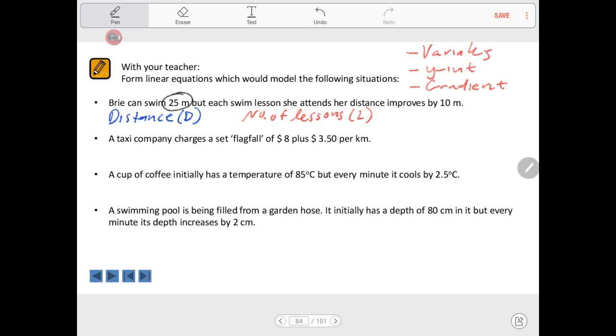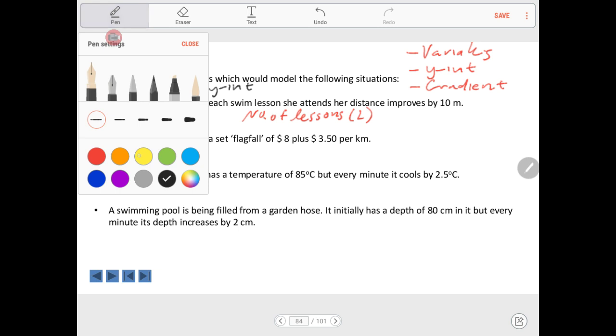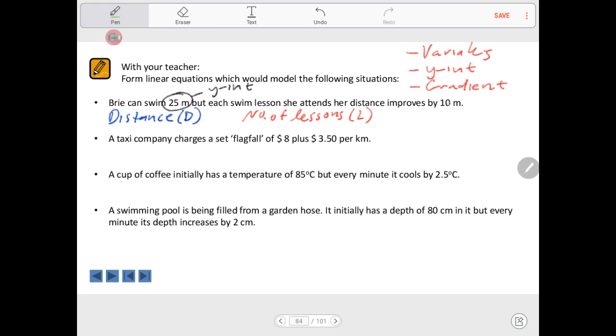But her original swim distance, her starting amount, that's fixed, and that's going to be built upon. So that's going to be the y-intercept. That's the fixed value that won't change. Now, each lesson, Bree's distance improves by 10 metres, so that is our gradient, because every lesson, you multiply the number of lessons by 10, and that's the extra distance that Bree's been able to swim.